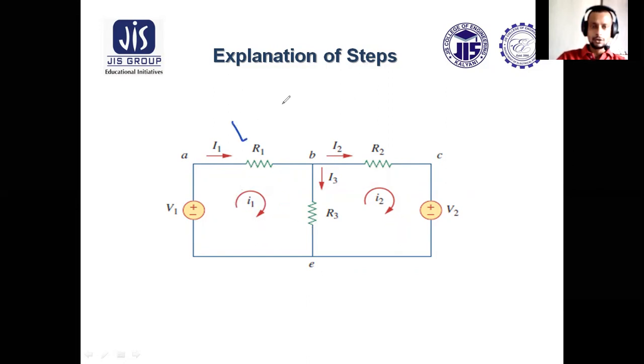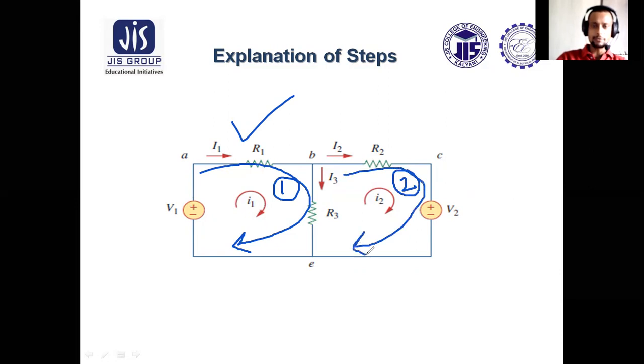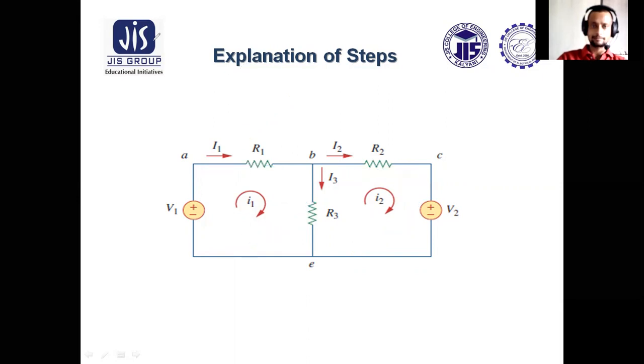For loop 1, we have assumed I1 as the loop current, in clockwise direction. For loop 2, I2 current is assumed, which is again in clockwise direction. So step 2 is over.